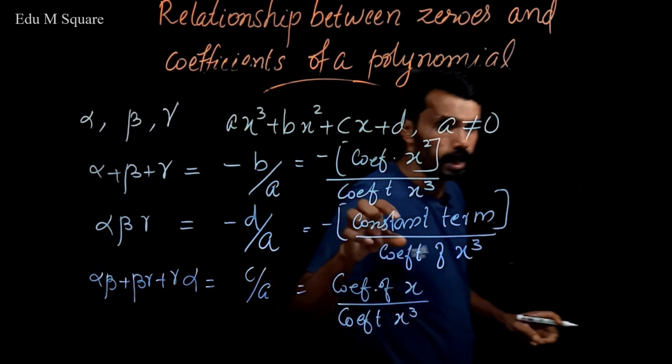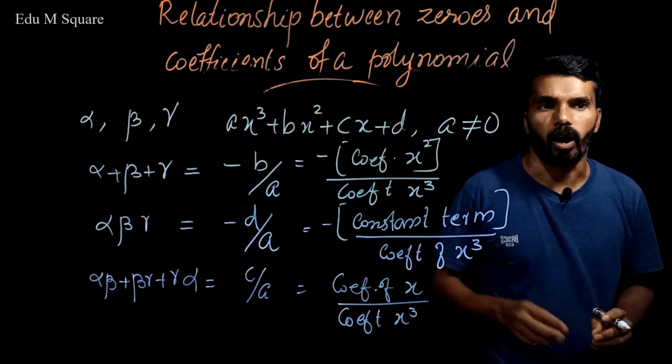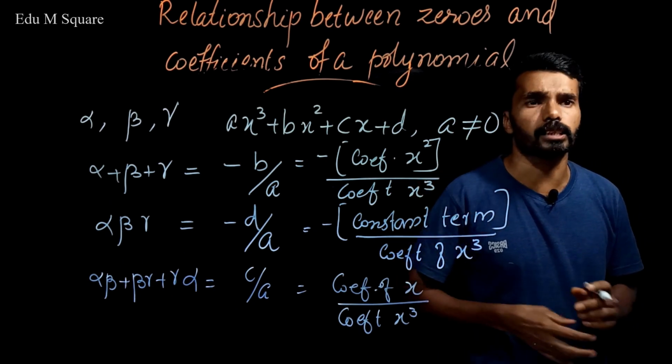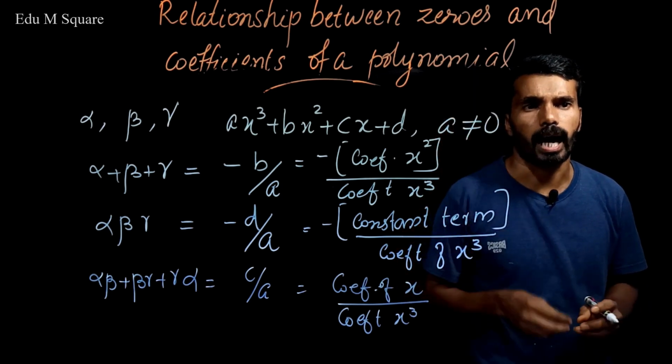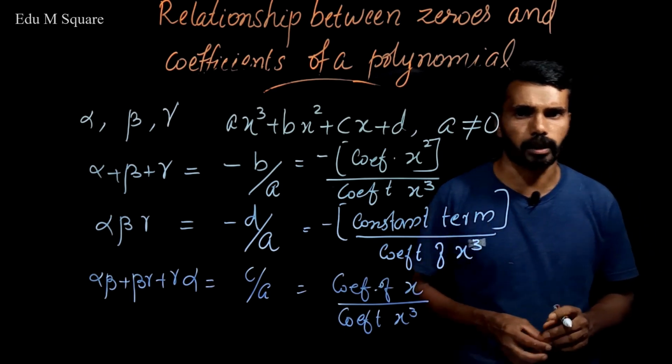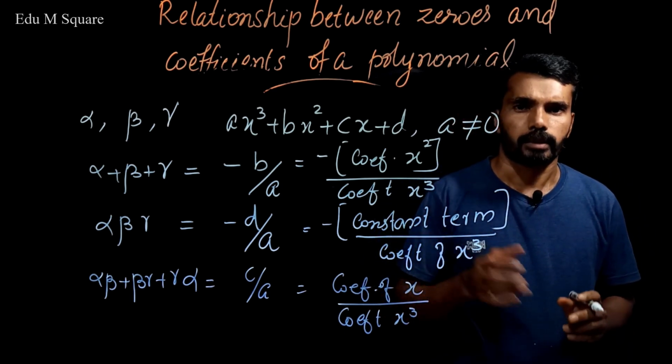So these are the three relationships between the zeros and the coefficients of a cubic polynomial. Okay, so thank you very much.